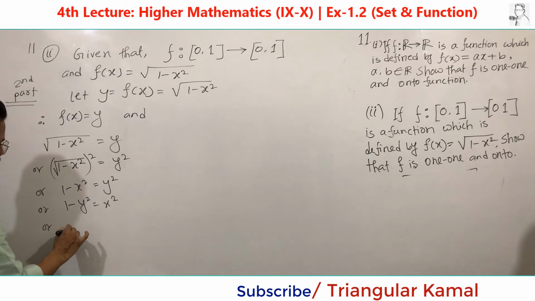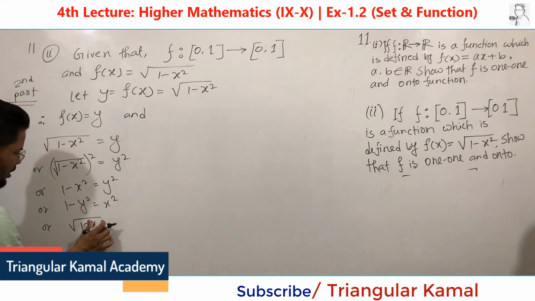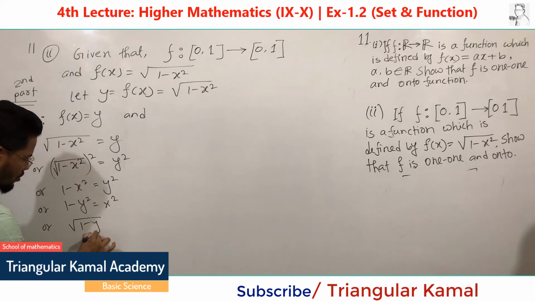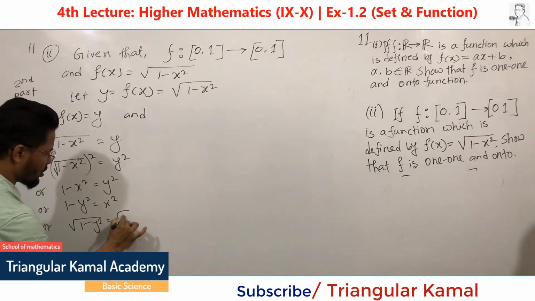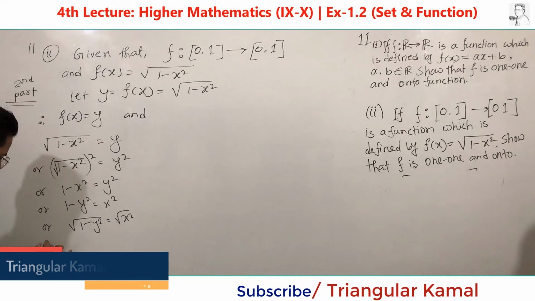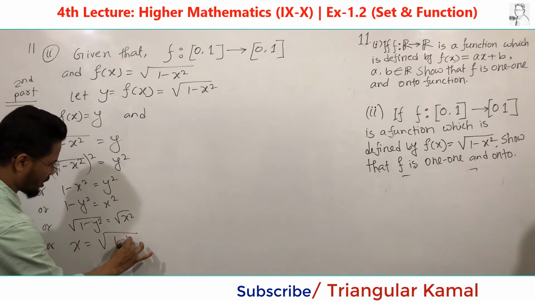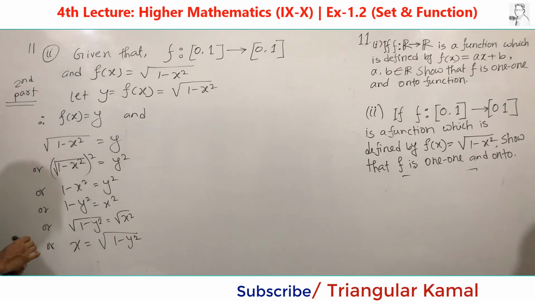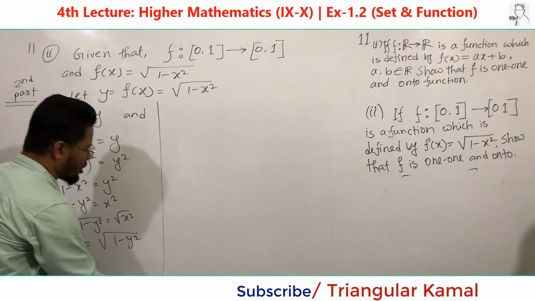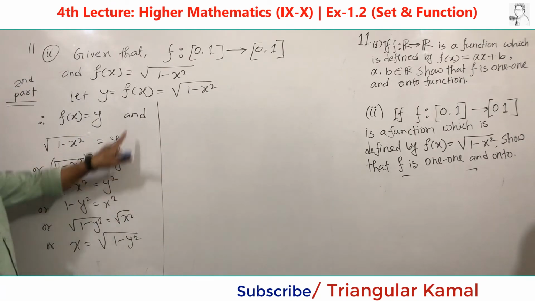Taking the square root on both sides, the value of x will be root over 1 minus y squared. So now apply this value in the function.